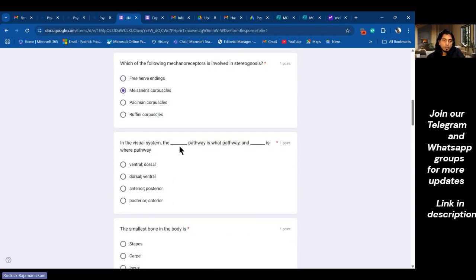So in the visual system, the ventral pathway is the what pathway and the dorsal pathway is the where pathway. The what pathway helps you identify what the object is when you see something. The where pathway is when you're able to identify how far away an object is, in which direction the object is.